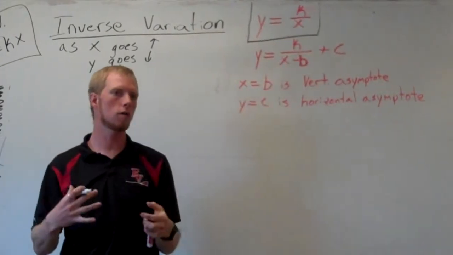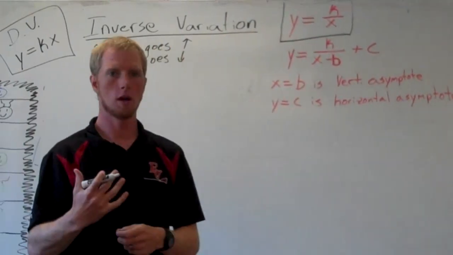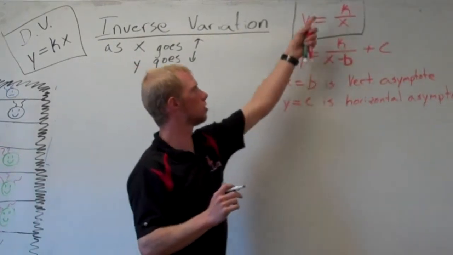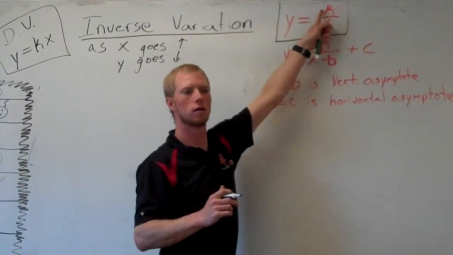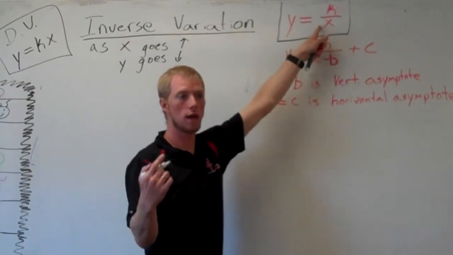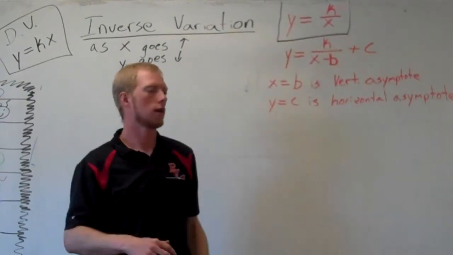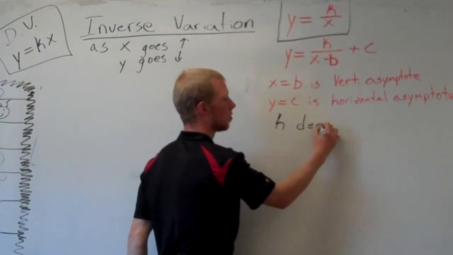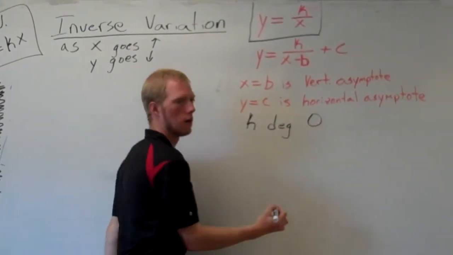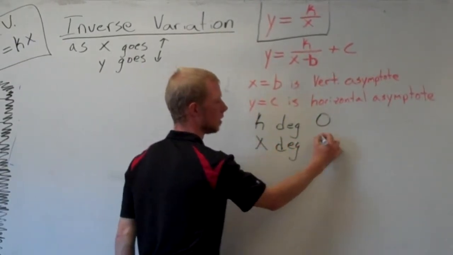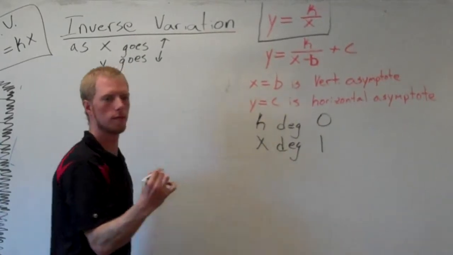This is just a much simpler form of a rational function, where p of x, the numerator, is just k, and q of x, the denominator, is just x. K has a degree of 0. X has a degree of 1.